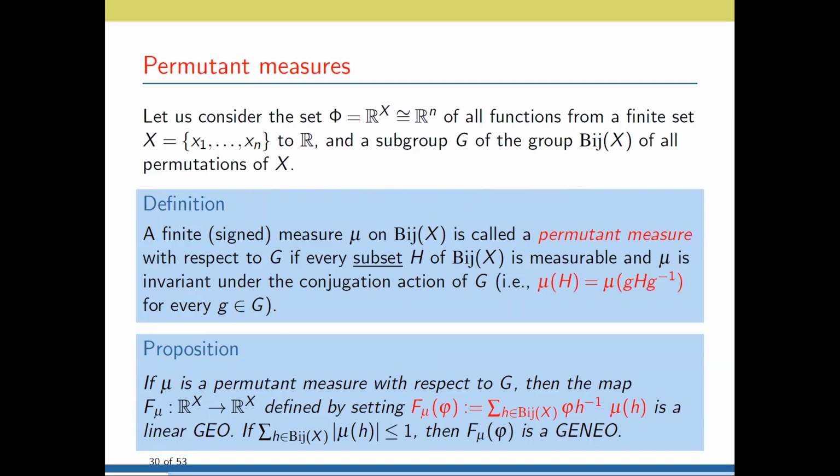Now I'm going to show a non-trivial result. This result is another method to produce GENEOs that is based on permutant measures.